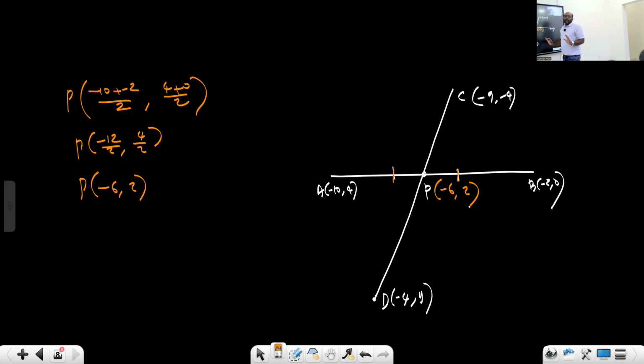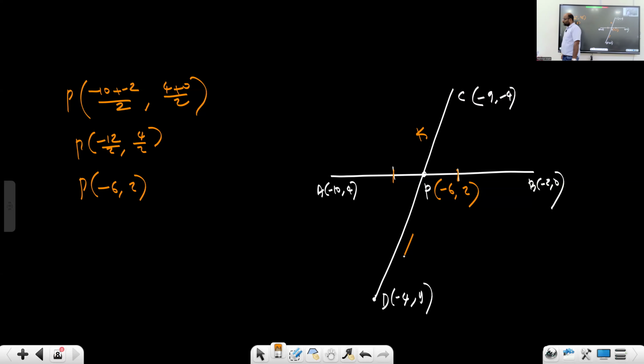But still we didn't answer the question. The question is what? P divides CD in what ratio, and the value of Y? So what ratio? K should be up, 1 should be down, because when they ask about CD, K should be up. Next line.